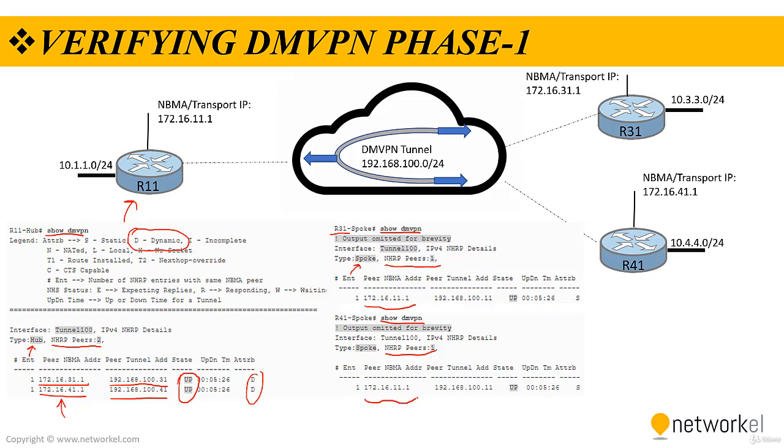Here is the hub's peer MBMA address, and the peer tunnel address is .11 for both. We can see that the state is up and the attribute is S this time, which is static. Okay, everything is looking great now and the output is looking correct. This is how we configured the hubs and the spokes already.